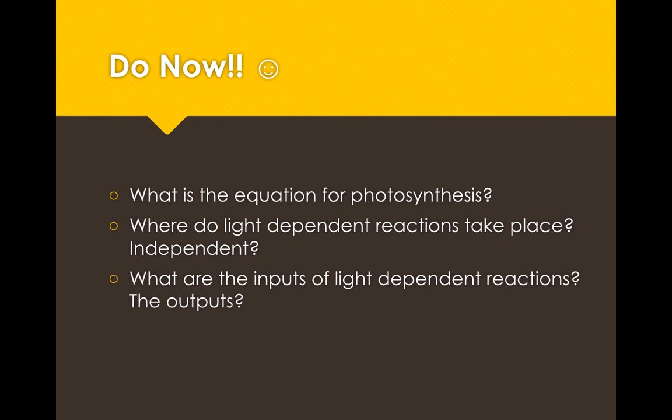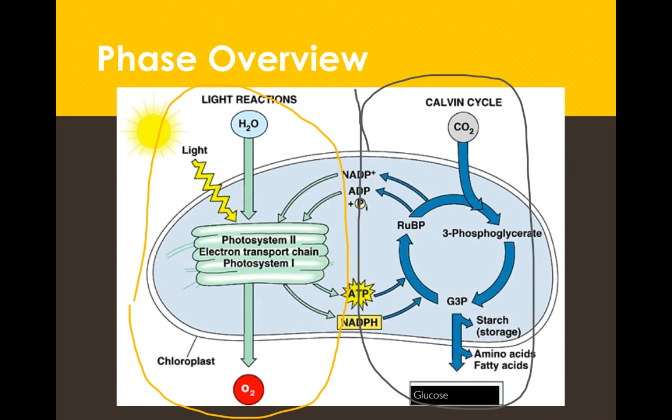So you should know at this point the equation for photosynthesis. We're going to talk about where light dependent and independent reactions take place, and what are the inputs and the outputs of the light dependent reactions. So going back to this drawing right here, you'll notice that the light reactions occur right here, which is called the thylakoid membrane.